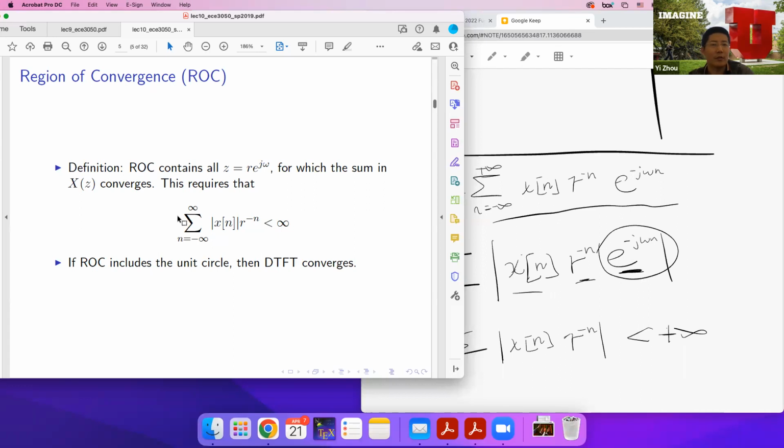So basically, this is a sufficient condition for the region of convergence. And in particular, if the region of convergence happens to include the unit circle, because on the unit circle we have the DTFT, that means for this signal the discrete time Fourier transform exists.